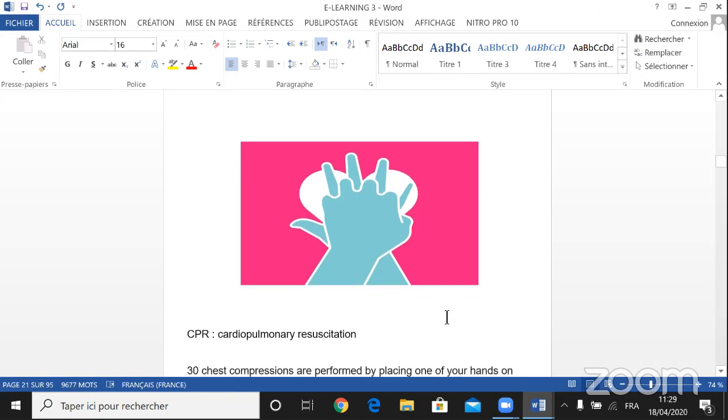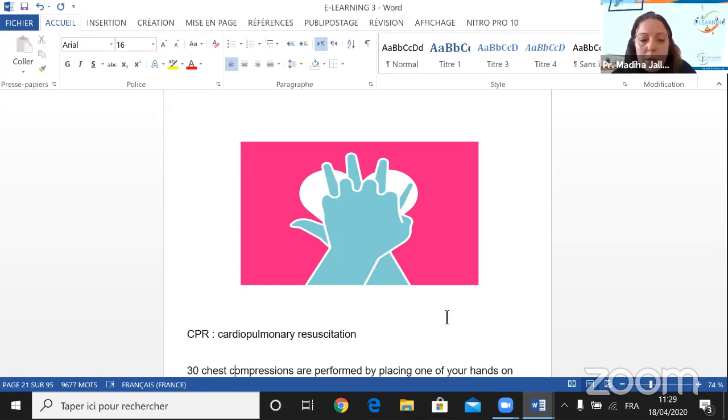Heart arrest. Cardio. Pulmonary. Resuscitation. Resuscitation means reanimation, but they use the word resuscitation. Cardiopulmonary resuscitation. Okay, and how do you perform, or what is cardiopulmonary resuscitation? What does it consist in?